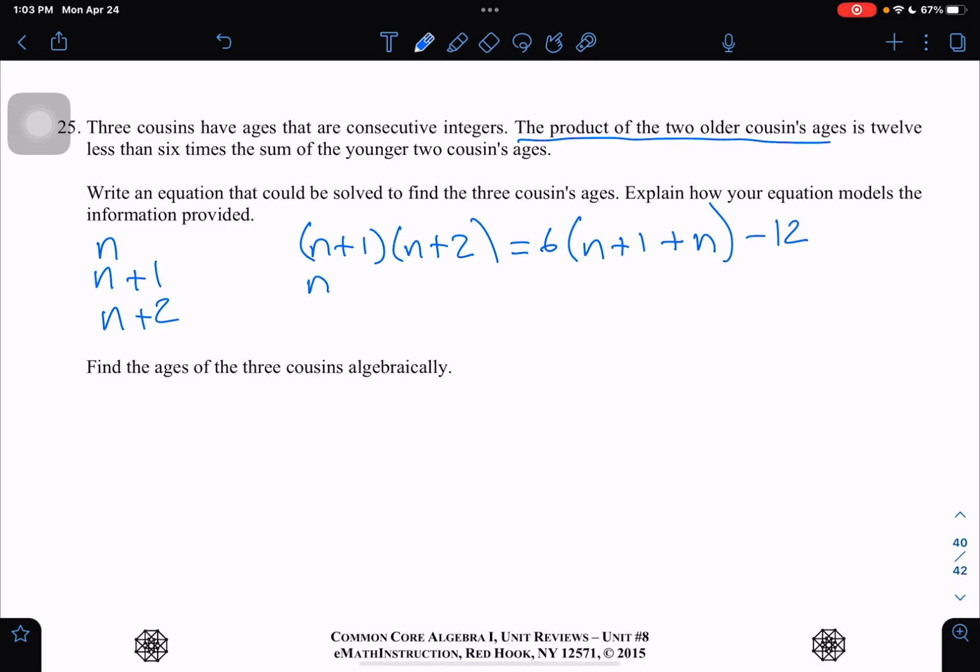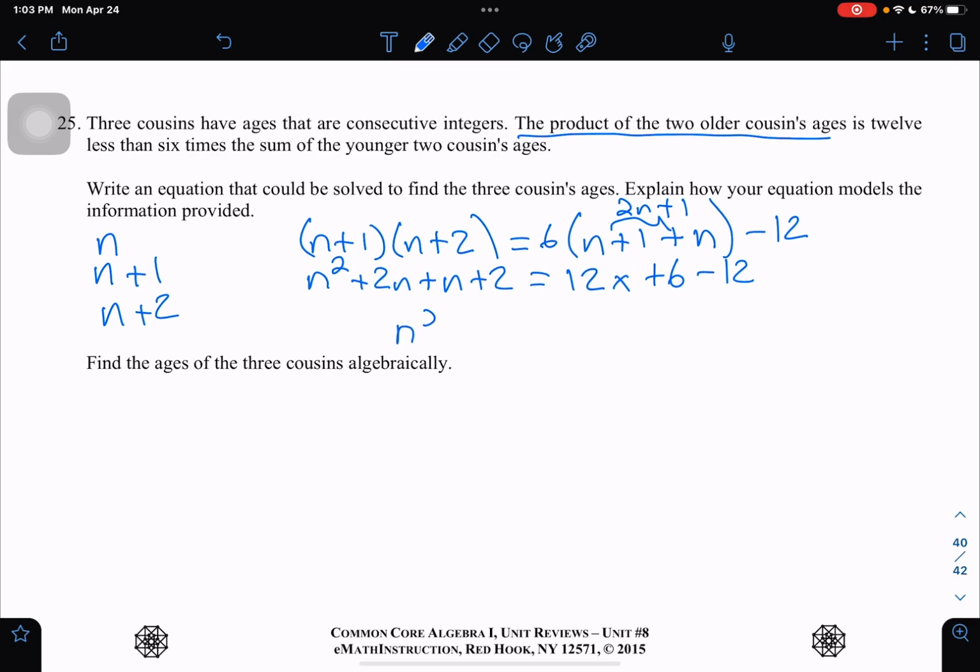So if we do the FOIL here, we have n squared plus 2n plus n plus 2 is equal to, this becomes 2n plus 1 in here. It becomes 12n plus 6 minus 12.